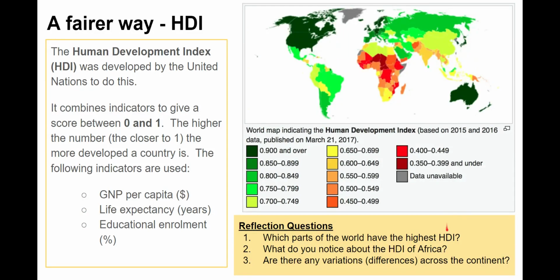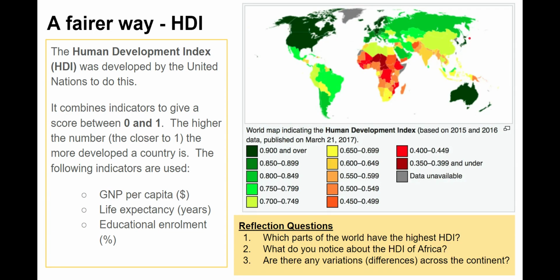Okay, now that's done, answer time. So which parts of the world have the highest HDI? Well, hopefully you will recognise the highest HDI has this green colour here, this dark green. So for the highest HDI, we've got the continent of North America, the USA, Canada. We've also got much of Europe, particularly Northern Europe, just here.